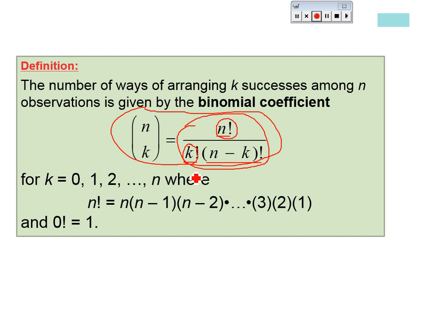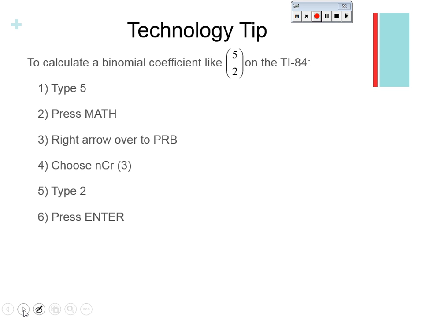So from the previous example, if we had done 5 factorial over 2 factorial times 5 minus 2 factorial, that would equal 10, and that's where the 10 different ways come from. Now there is a way to do this on your calculator.